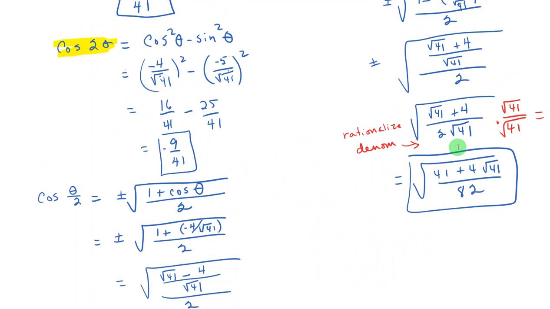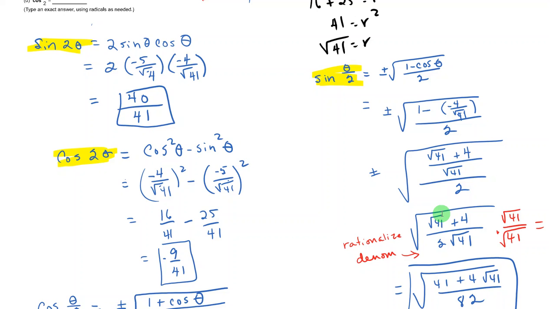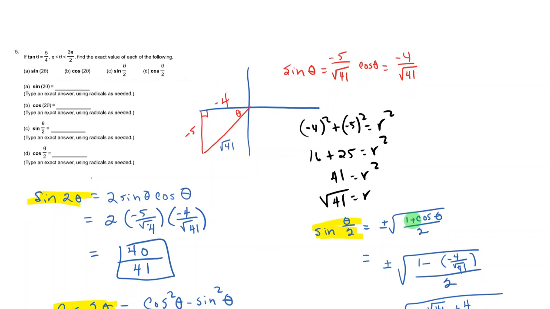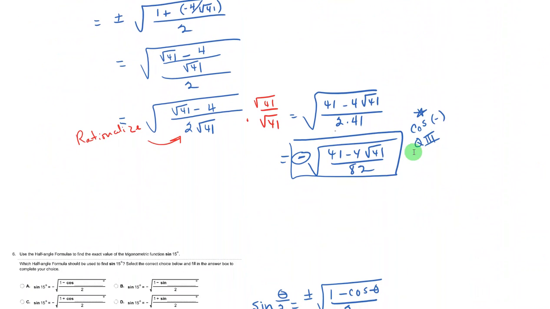So since it's theta over 2 and theta is between pi and 3 pi over 2, but when you take theta over 2, you're going to put it back up here. Well, sine was still positive here, but cosine is negative. So it's really not about that it's quadrant 3, but you're pushed back up to quadrant 2.